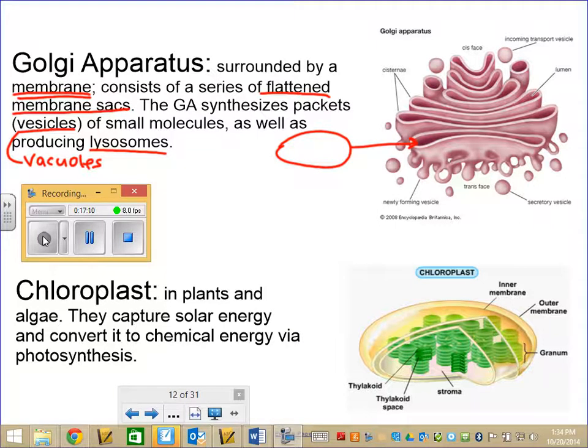So the Golgi apparatus is actually just a bunch of membrane all squished together. And what happens with the Golgi apparatus is that vesicles will come in and vesicles will go out. So the idea is that the cell will acquire new things. Those things will be in little sacs surrounded by a membrane.